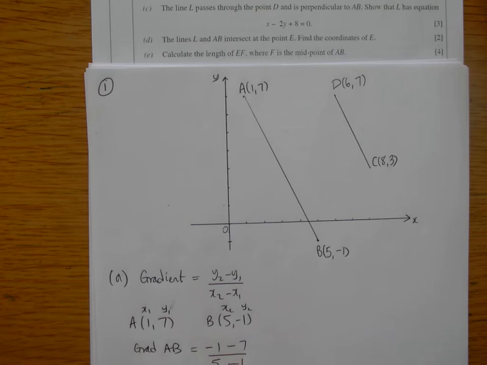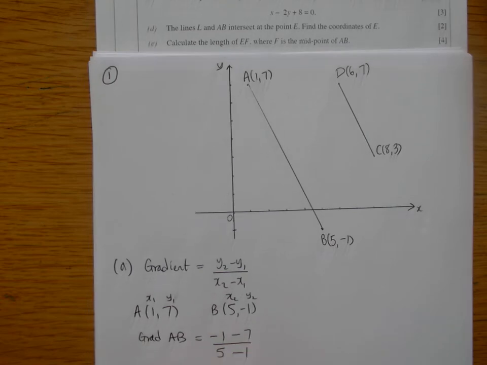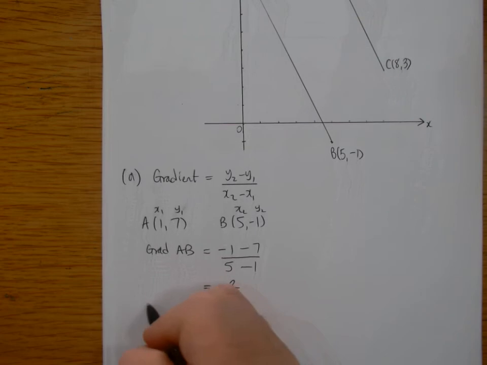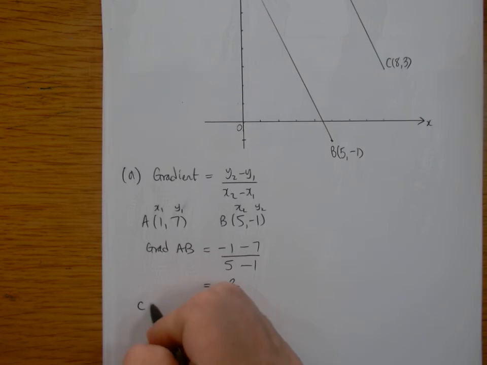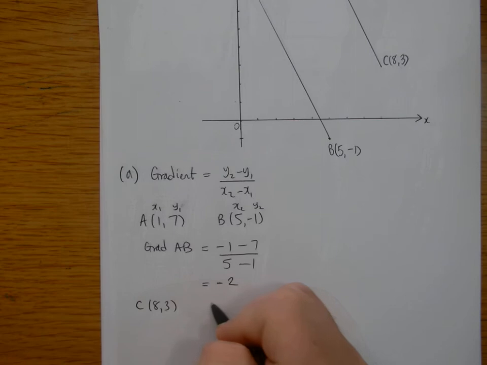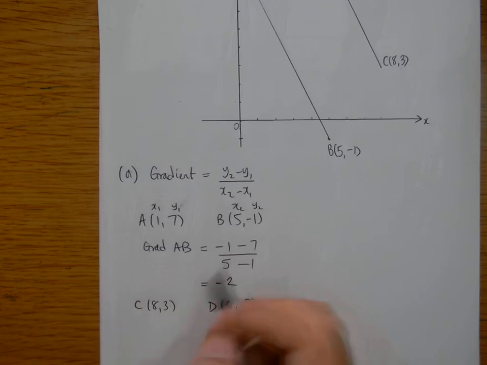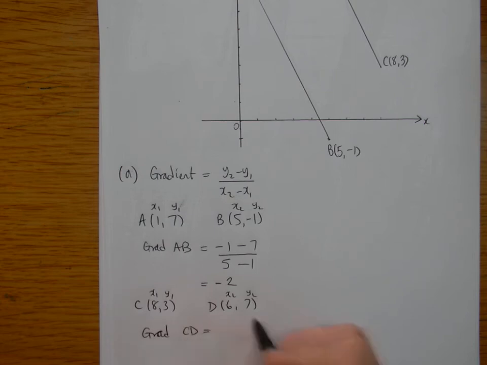So I'll do the same for CD. The point C is (8, 3) and the point D is (6, 7). If I call this my x1, y1, and that my x2, y2, the gradient of CD is y2 which is 7, take away y1 which is 3, all over x2 which is 6, take away x1 which is 8.